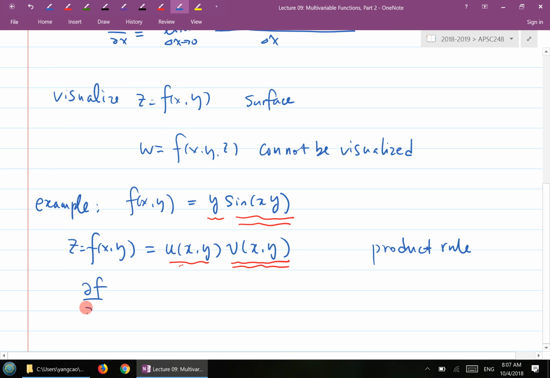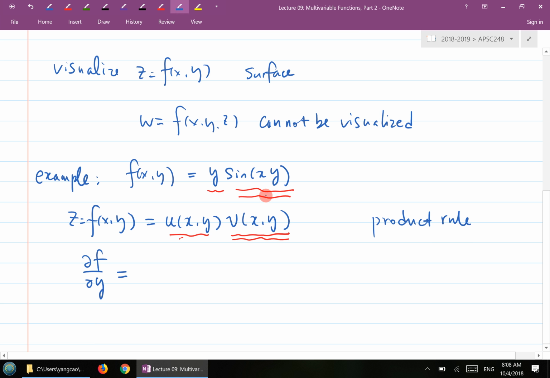If you're trying to calculate partial f over partial x... okay, let's try to calculate partial f over partial y. The product rule to apply for this kind of situation is: partial u over partial y first, times v, plus u times partial v over partial y.